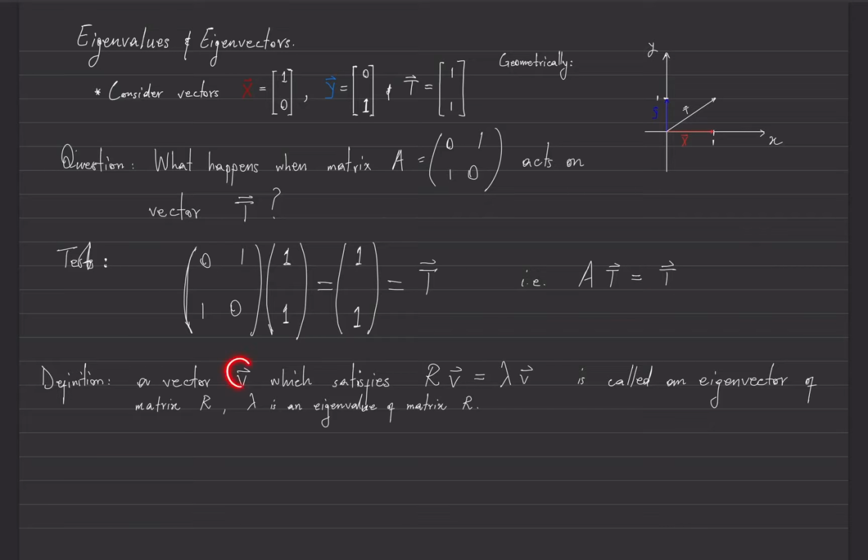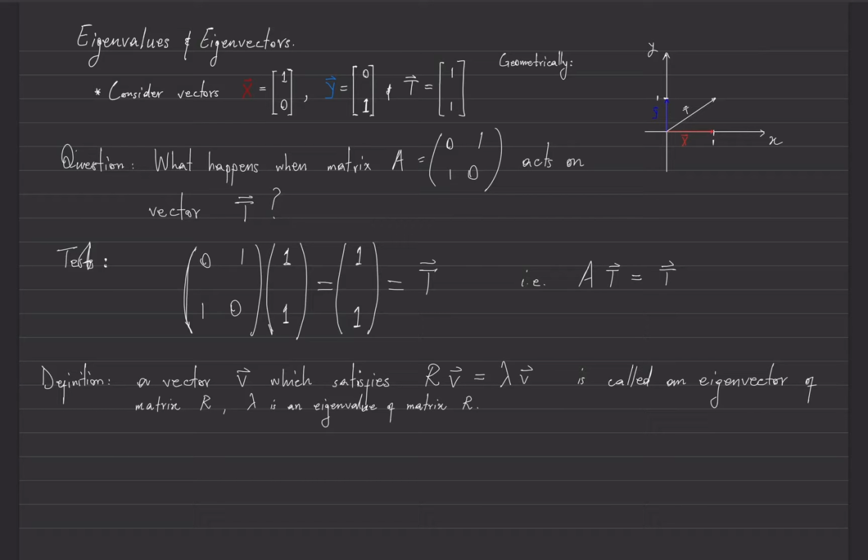What makes V bar special is that whenever it's multiplied by this matrix R, it doesn't change to something else, but it reproduces itself, albeit with a multiple, but the point is V bar reemerges. That's what I think in German eigen means, self. This V bar is a unique vector that when it's multiplied by this matrix, it reproduces itself.